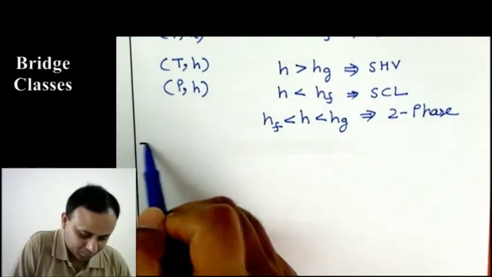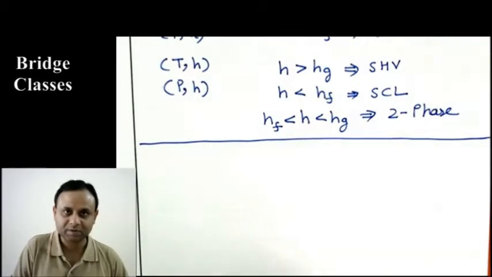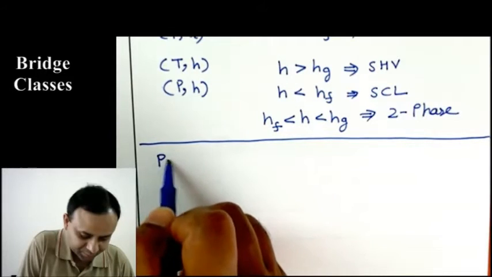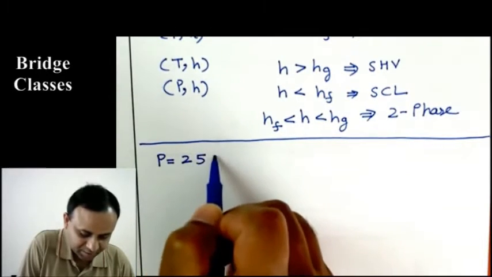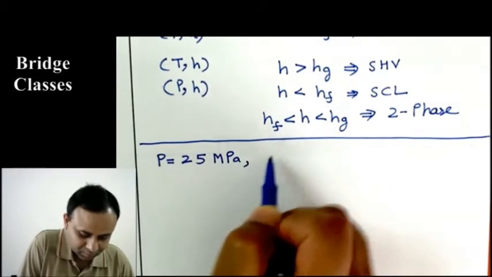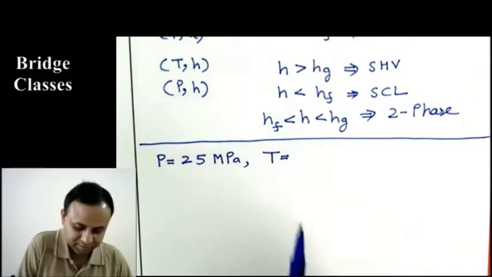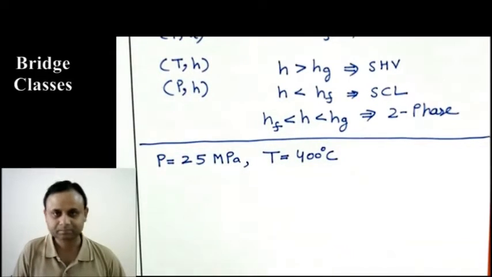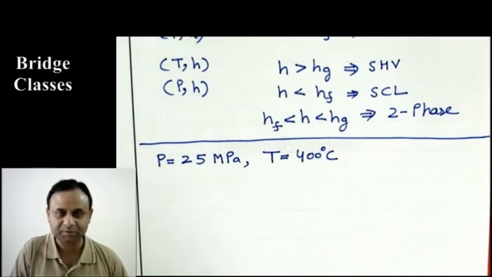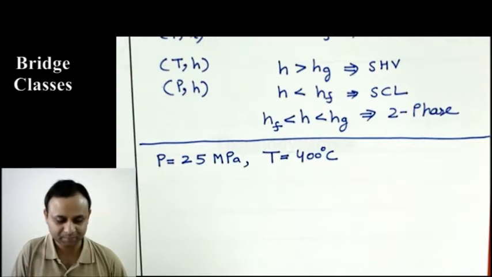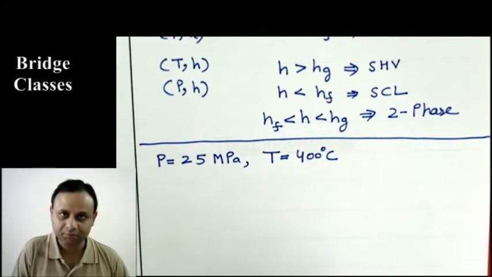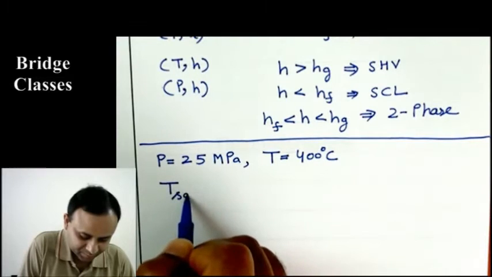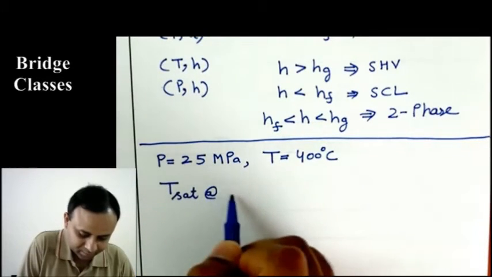Now, along with that, sometimes we may have a situation. Let me give you an example. Let us say it is given that pressure is 25 megapascal and temperature is 400 degrees C, and we have to determine the state. Let me look at saturation temperature at given pressure.